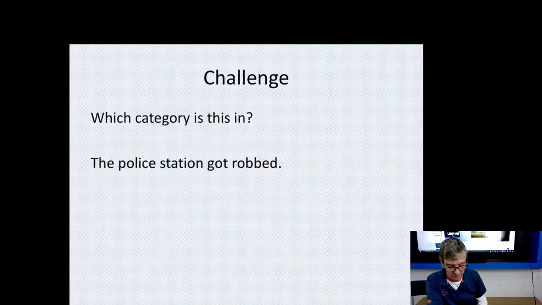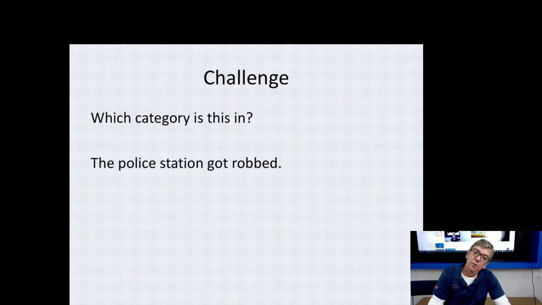Alrighty, so this brings us to the end. What I will do is send you a worksheet, but it won't be something that you have to spend too much time on. But before I do that, which category is this in? The police station got robbed.